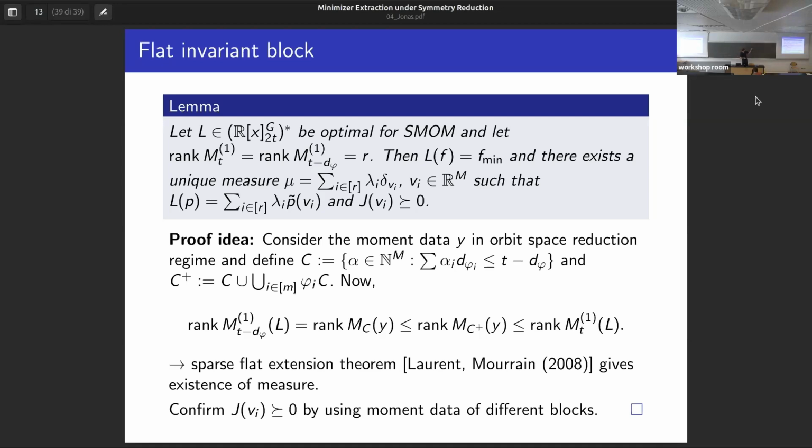So if you transfer the solution over to this orbit space reduced setting, you use this sparse flat extension theorem, then in the next step you use Curto-Fialkow, and you get a measure on these fundamental invariants. But I think you could then also translate this back to a measure in the original setting.